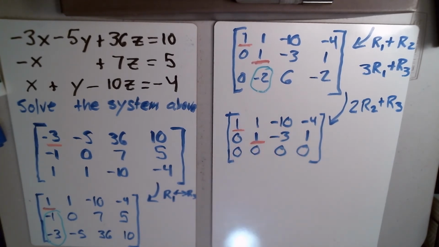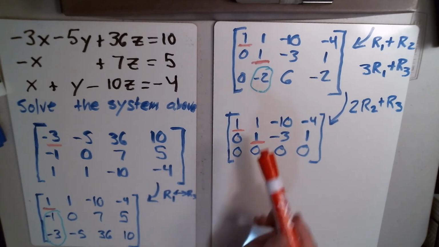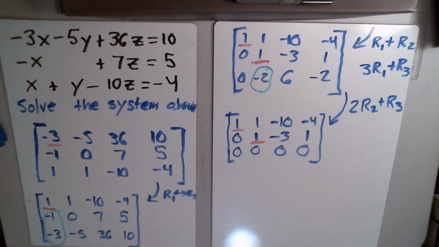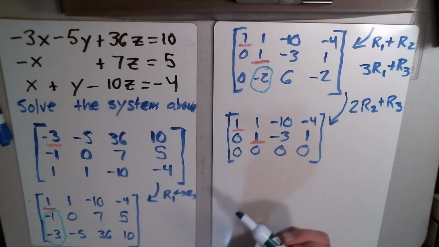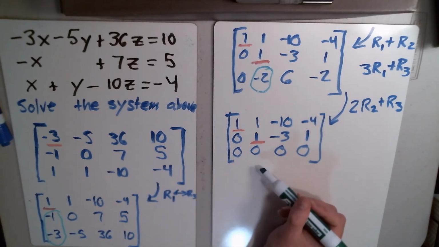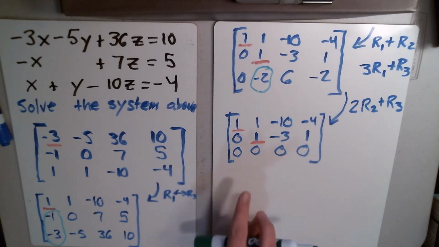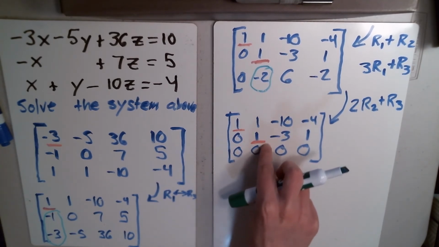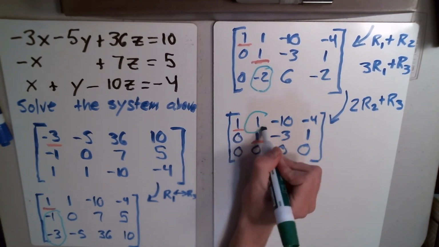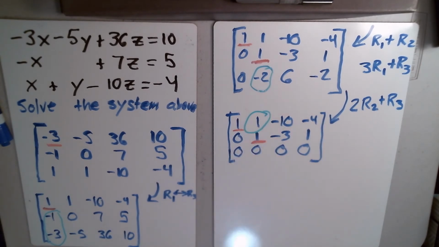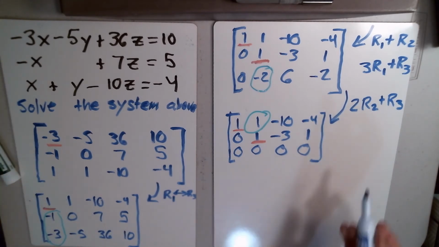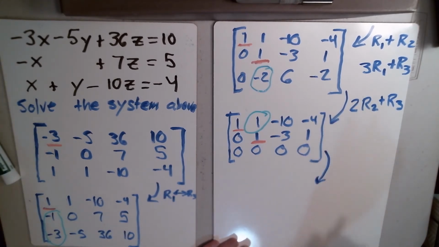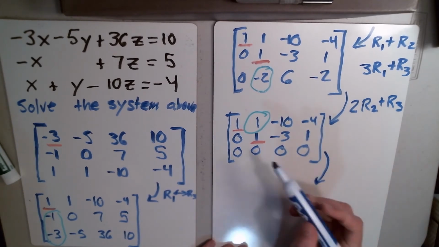So in order to get it reduced, what I'm going to do is I'm going to get rid of anything that's above the leading ones, and I go from right to left. So in this case, the furthest right leading one is this one, and so I want to get a 0 right there. Okay, so to get a 0 up there, I'm going to put this in reduced row echelon form.